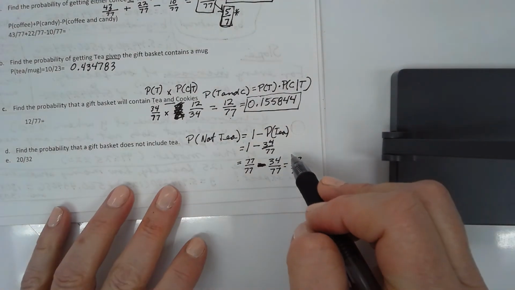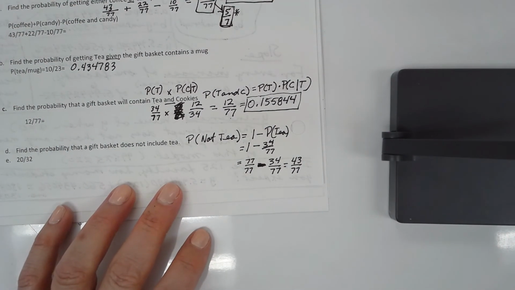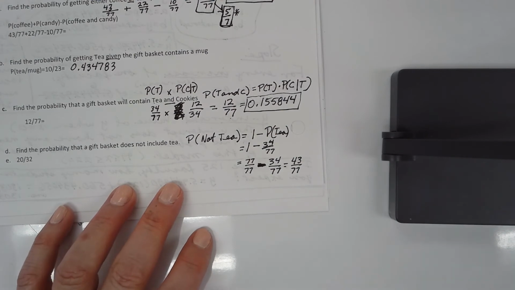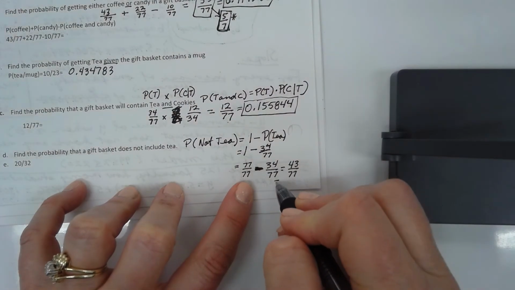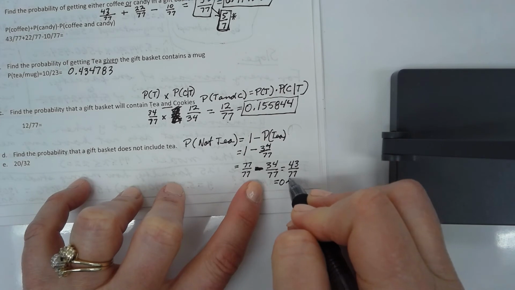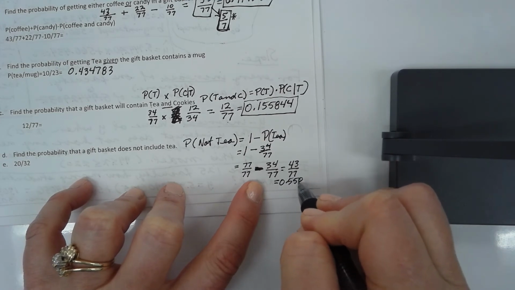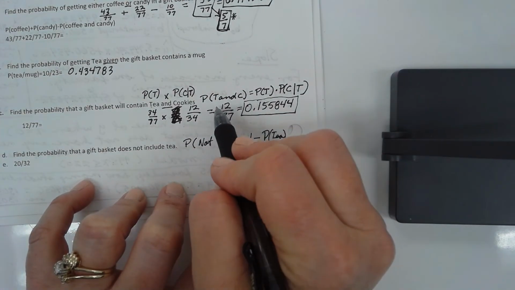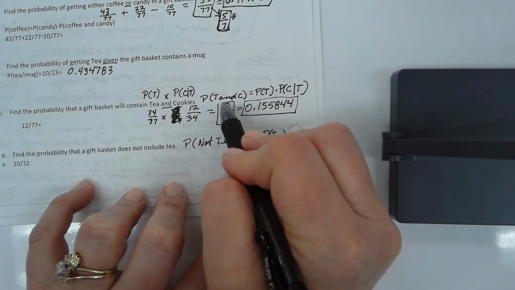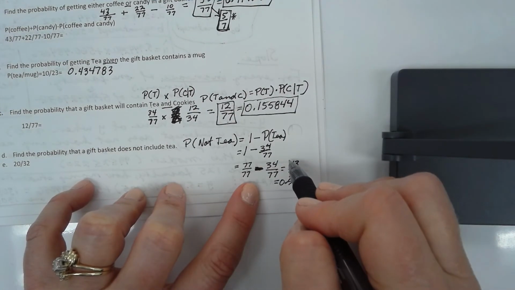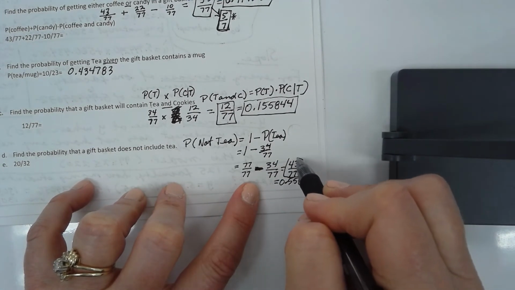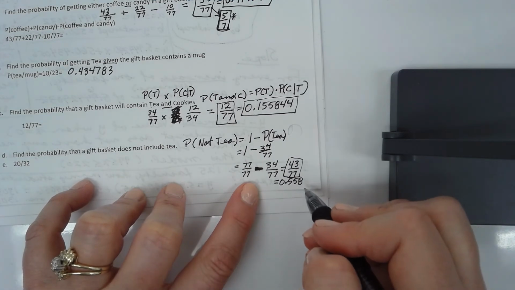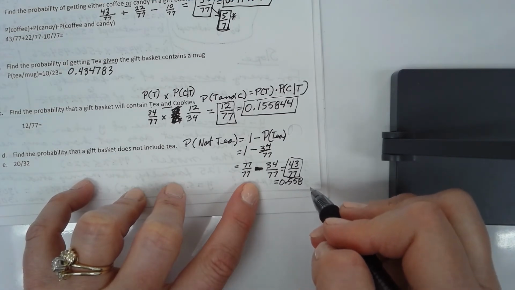Okay. So 43 divided by 77 equals 0.558. And you can, again, use the reduced fraction or the decimal. So you can use the 43 over 77 or 0.5588442.